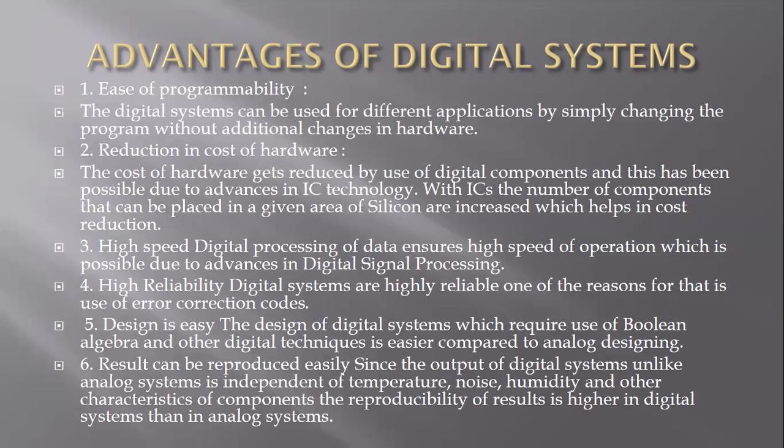The result can be reproduced easily since the output of digital systems, unlike analog systems, is independent of temperature, noise, humidity, and other characteristics of components. The reproducibility of results is higher in digital systems than in analog systems.